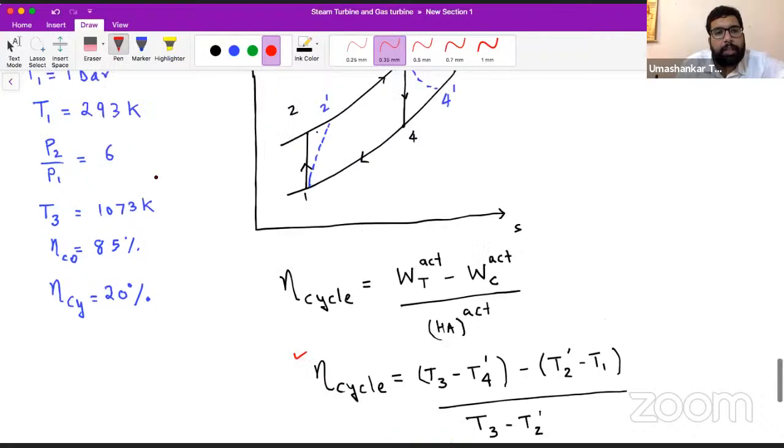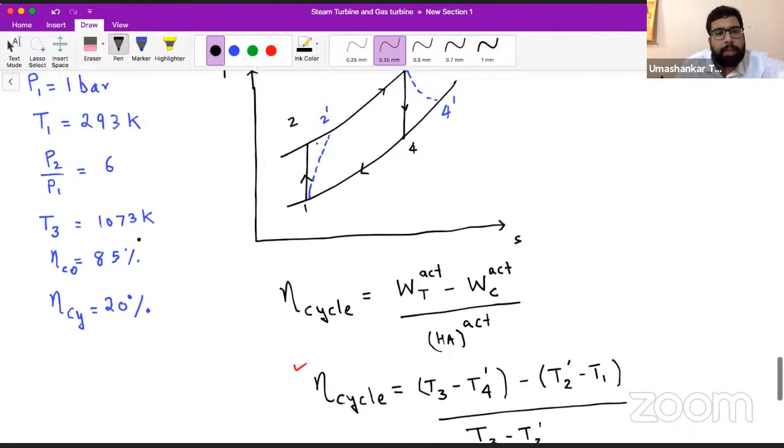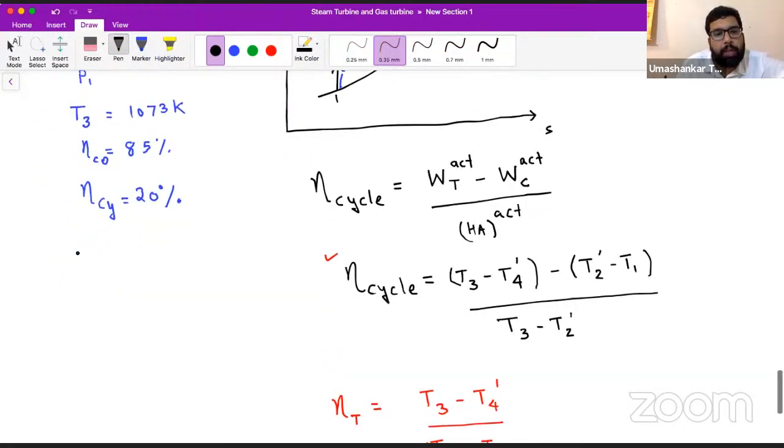Firstly, let's calculate what can be easily calculated. Can we calculate T2? Because in order to get T4 dash, T3 is given to you and T1 is given to you. So you require T2 dash. If you have T2 dash, you can have your T4 dash.